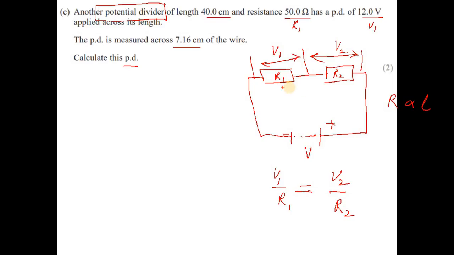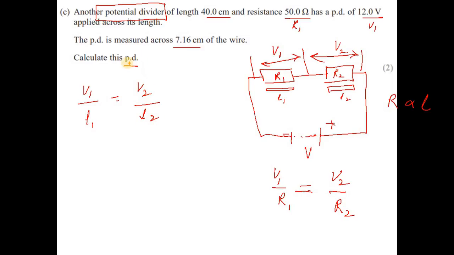That means you can consider that you have a length of a wire that is L1, and you have another wire of length L2. So if you are using wires of different lengths as resistance wire, the same relation can be written in terms of length as V1 upon L1 is equal to V2 upon L2.